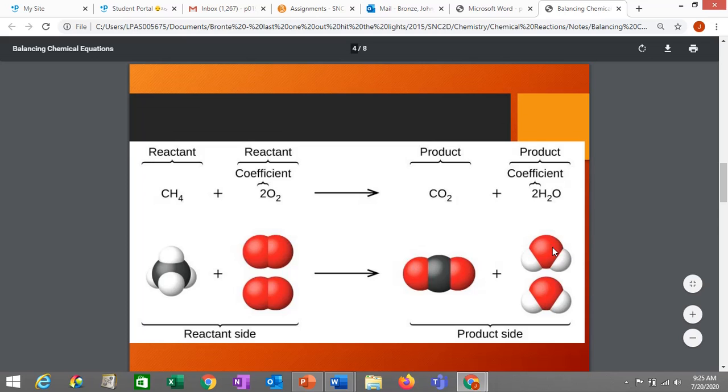So you can see we have 4 oxygen, 4 red, 4 hydrogen, 1, 2, 3, 4 hydrogen, and 1 carbon and 1 carbon. So this equation is possible. So the only way you can get CH4 and O2 to react to give you CO2 and H2O is if you have a 1 to 2 to 1 to 2 ratio. And we write these in lowest terms.